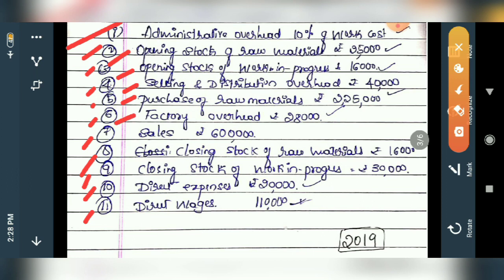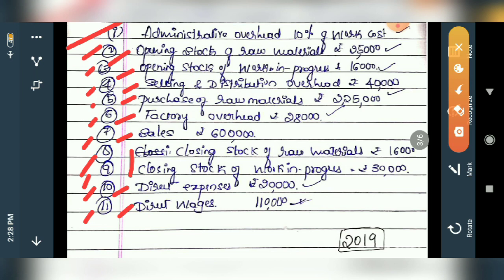And also factory related expenses are there, sales amount is there. Okay, closing stocks are given here. See, both closing stocks are given separately. These opening stocks are given separately and closing stocks are written separately here. Then direct expenses are there, direct wages are there. Let us see its solution now.